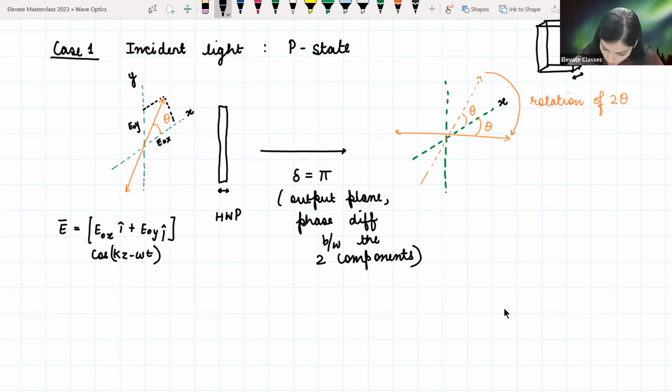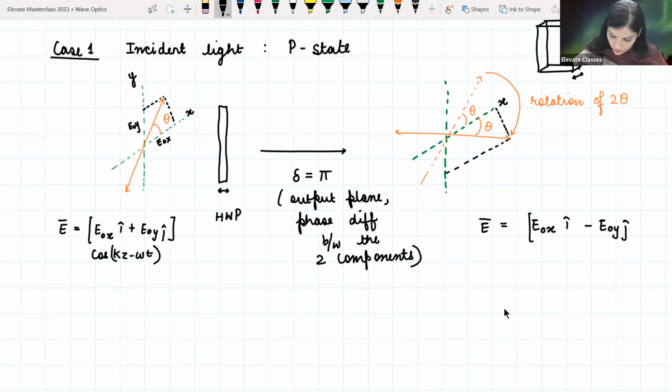The magnitudes of EOX and EOY will not change, because I just discussed that intensity is not affected because of a retarder. But what I have now changed is that EOX is still the same. So my electric field which is coming out, EOX is still this, but EOY has actually become this, right? Because now EOY is this one, which is in the negative direction.